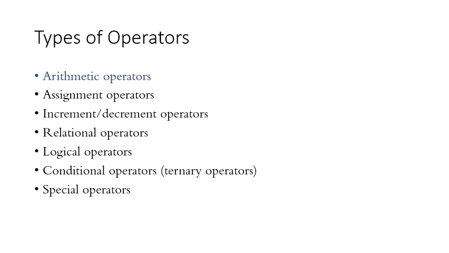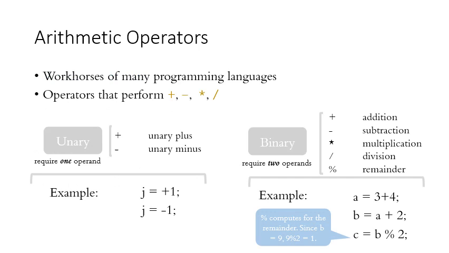Okay. So let's start. The arithmetic operators are operators that perform addition, subtraction, multiplication, and division. These are the workhorses of many programming languages, including C. An arithmetic operator can either be unary or binary. When we say unary, we only require one operand.